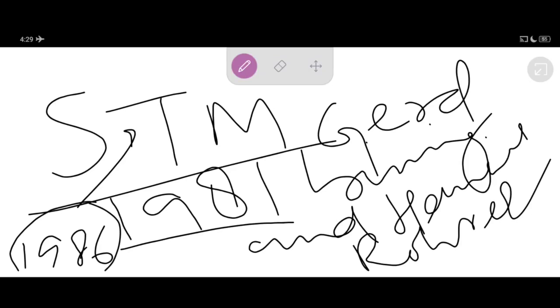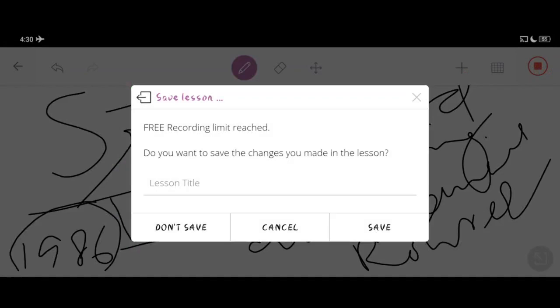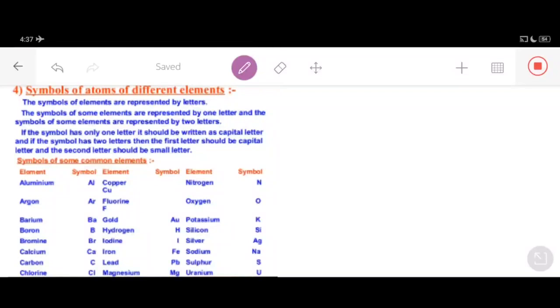Now, today we are going to discuss one more subtopic of this unit, atoms and molecules, that is symbols of atoms of the elements. Let's discuss symbols of atoms of different elements.